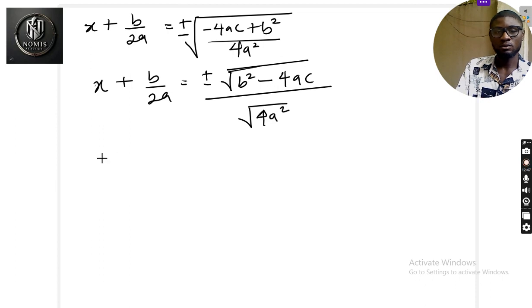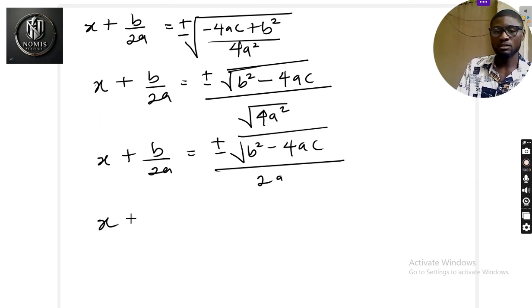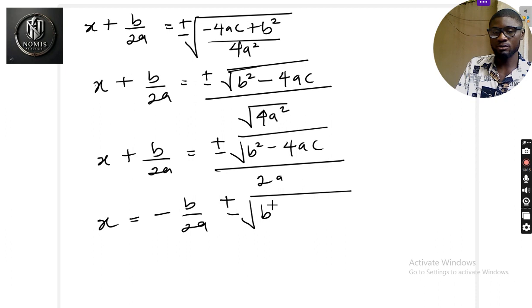So this becomes x plus b all over 2a is equal to plus or minus the square root of b squared minus 4ac all over the square root of 4a squared. The square root of 4 is 2. The square root of a squared is a. So this is how we now have x equal to, this goes to that side, minus b all over 2a plus or minus the square root of b squared minus 4ac all over 2a.